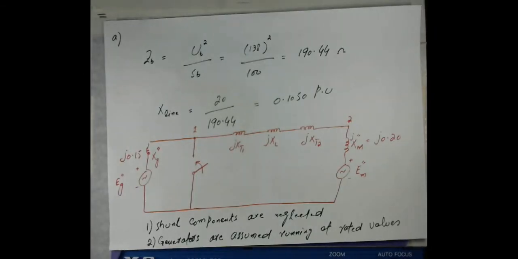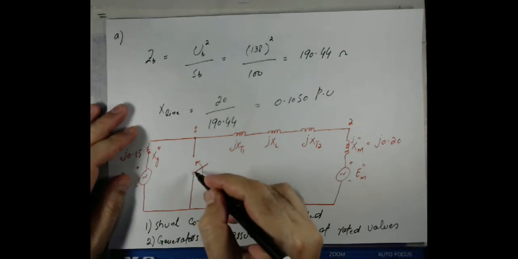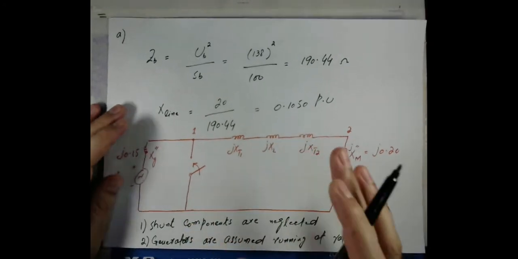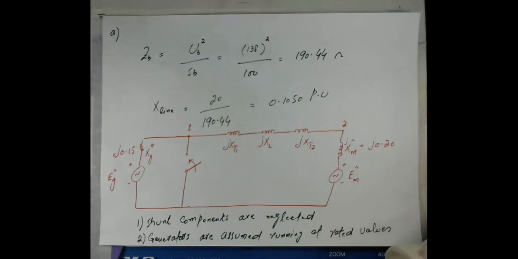Now when a short circuit occurs at this point and it's a bolted type, it means that this short circuit can be represented with two opposing voltage sources of equal magnitude. So let me first draw that network. The network under the faulty condition will look like that.